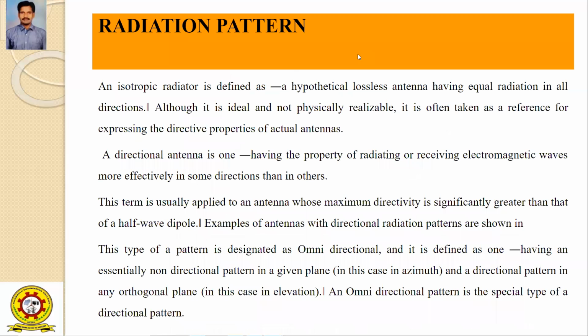Let's move on. This radiation pattern may be different for different configurations. For example, the isotropic radiator, just for recollection, is a radiator which has zero loss and equal radiation in all directions, generally represented in our terminology as a lossless isotropic antenna.